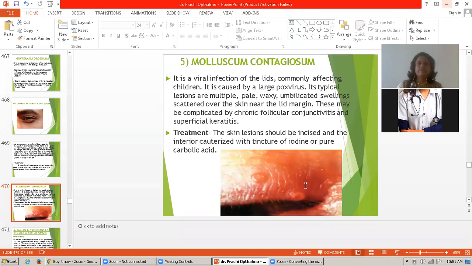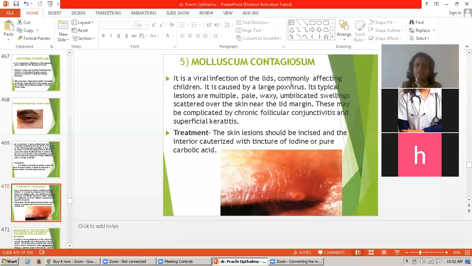Next is the fifth one, that is the molluscum contagiosum. The molluscum contagiosum is a viral infection of the eyelid, commonly affecting children, and it is caused by a large pox virus.